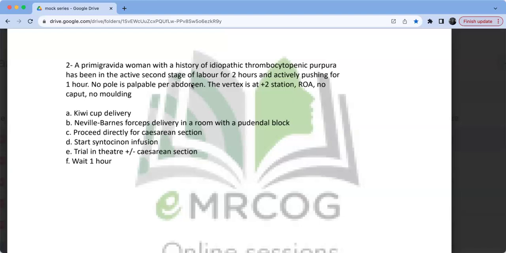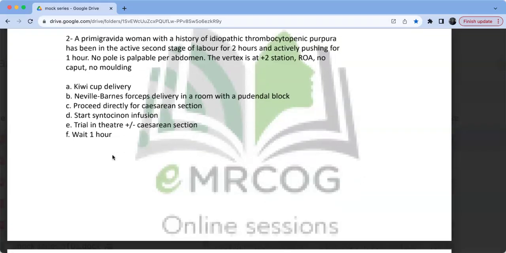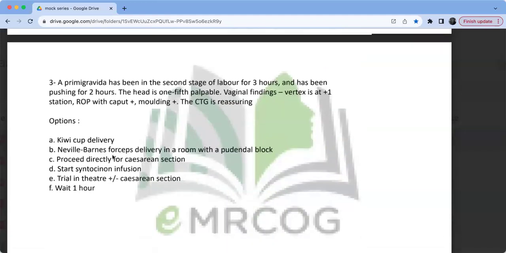Why? To avoid the sequential use. So I have 2 choices between forceps and Kiwi vacuum. Which one has a higher success rate? The forceps, so I go for it.